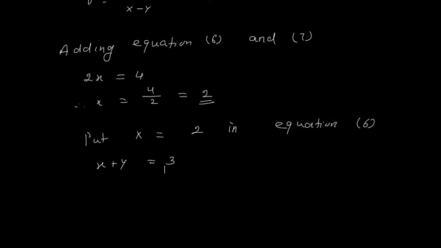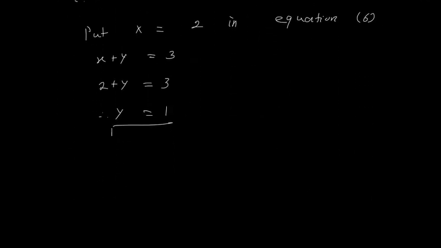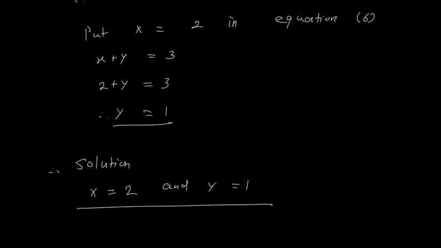So therefore 2 plus y equal to 3. Therefore y equal to 1. So x is equal to 2 and y is equal to 1 is the required solution. So therefore our solution is x is equal to 2 and y is equal to 1.